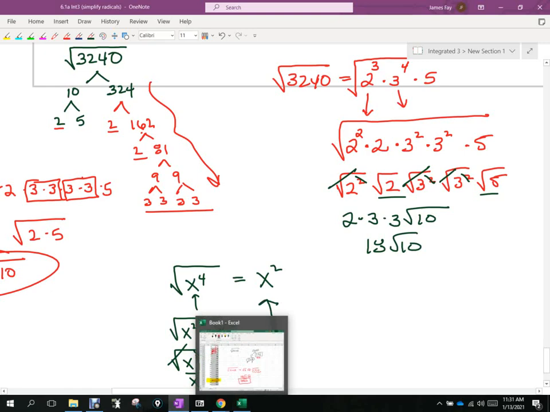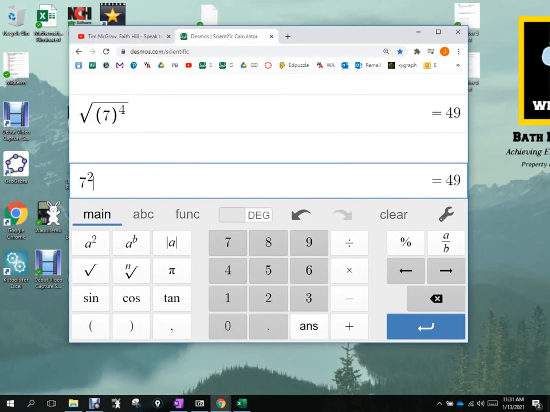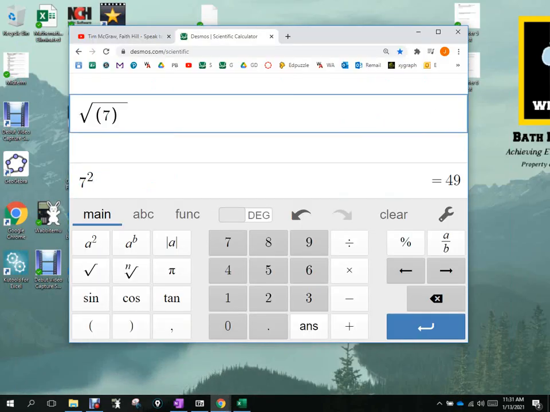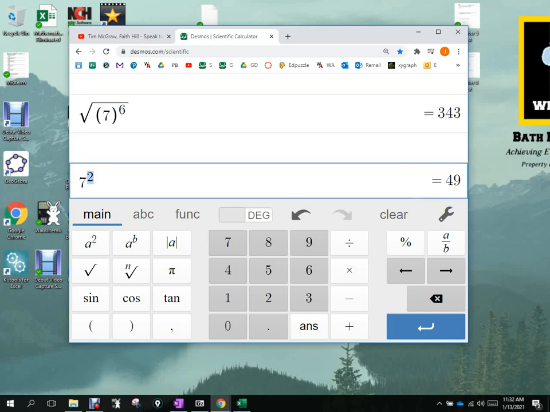Okay. Let's do another one real quick. Let's say we go to the 6th. I get 343. Any guesses? Because this was a 4 initially, and it came to a 2 when we did 4 and 2. Any guesses of what this should be to get 343? I'll go the other direction. 3. You take half of it, and you get 3.